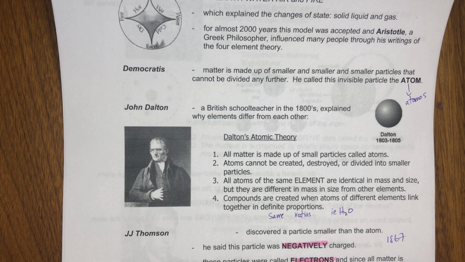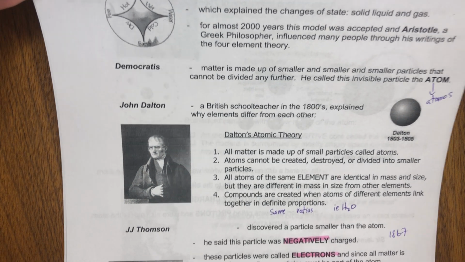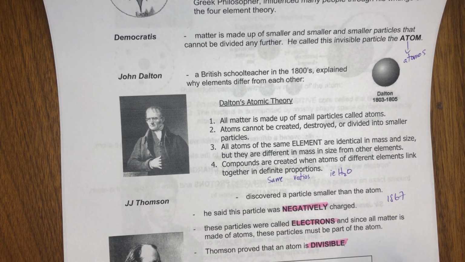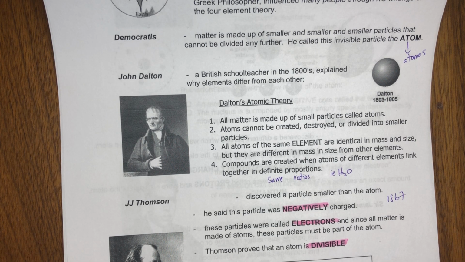So he now proved that the atom is divisible, which was in contrast to Dalton, right? Because Dalton said that atoms cannot be created, destroyed, or divided into smaller particles.